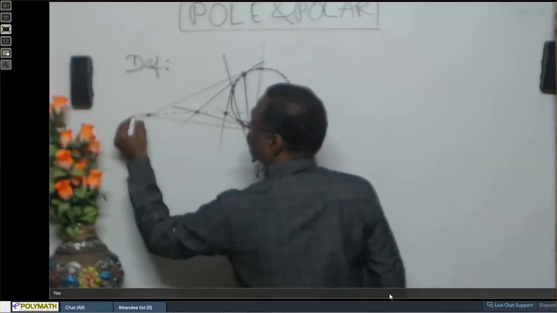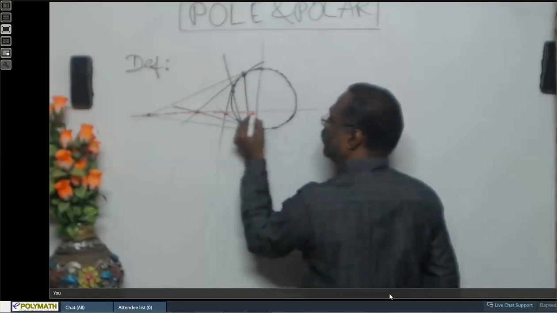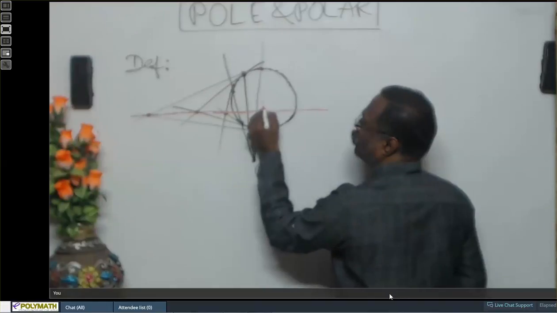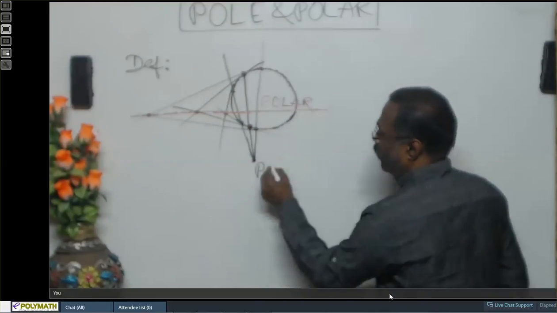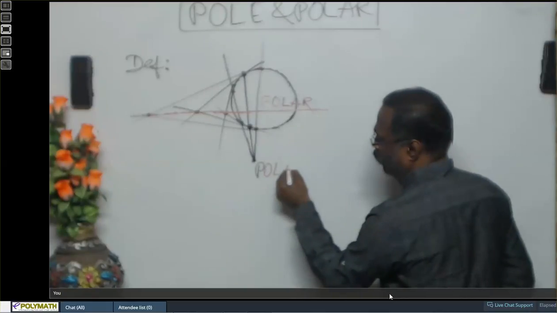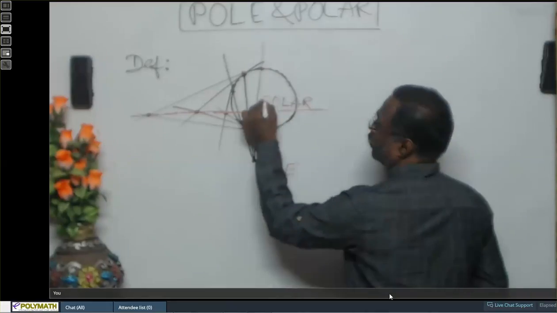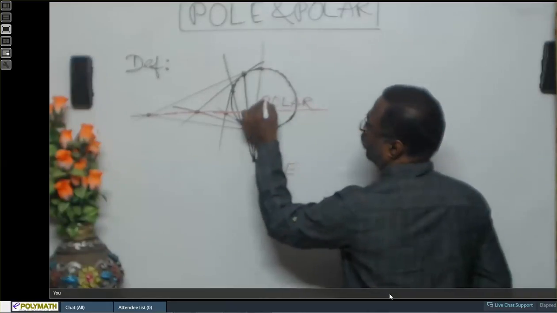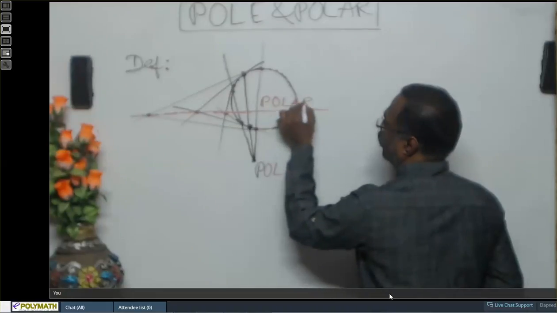The straight line is known to be the polar, and the fixed point is known to be the pole. This is the definition of pole and polar.